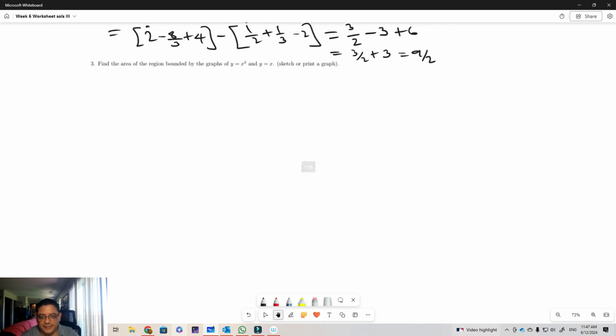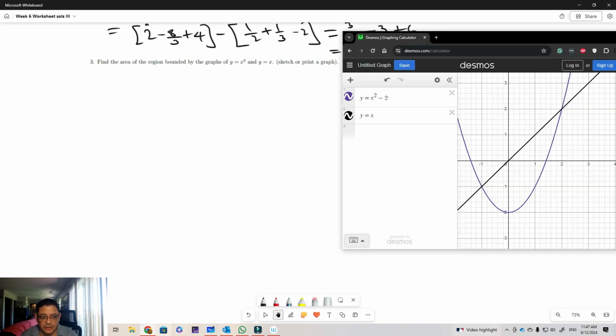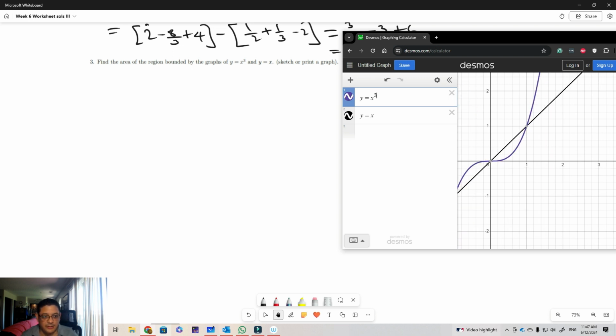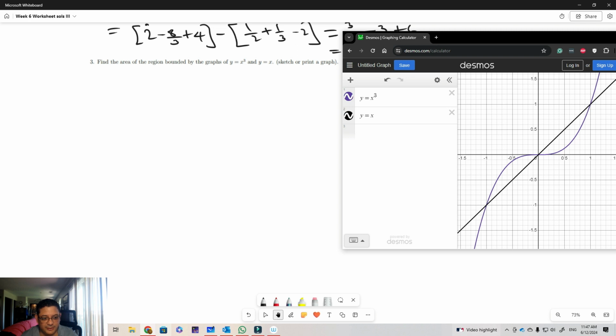Now, the last exercise of the worksheet is to find the area of the region bounded by the graphs of y equals x cubed and y equals x. Again, you can do that by graphical means. You can see that it is between minus 1 and 1, but it's flipping around who's on top.